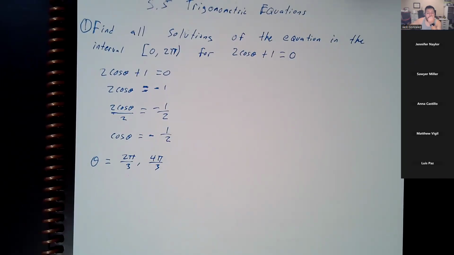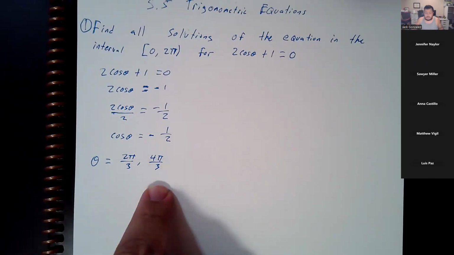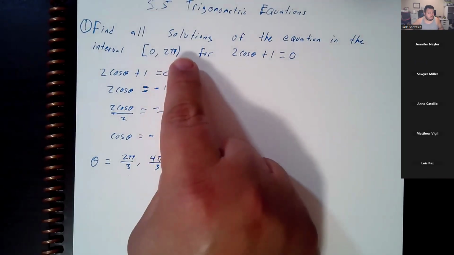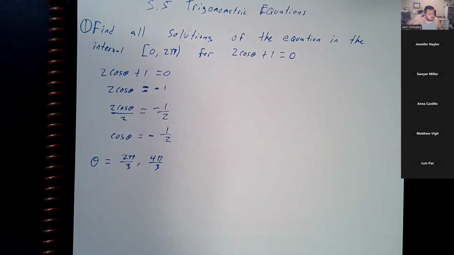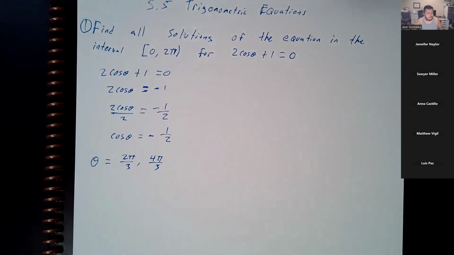So it's for every single time that cosine is negative one half, and then on the unit circle, we would go to where x is negative one half, and that would give us our two answers. Since it's a value on the circle, we can just pick them off. Just don't go further than one revolution, right? 0 to 2 pi.